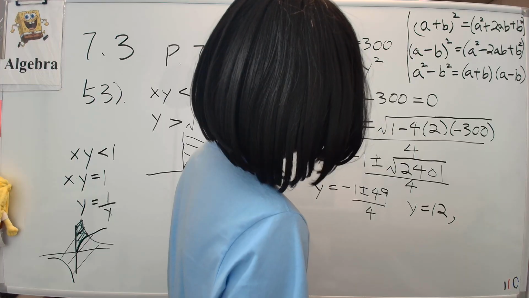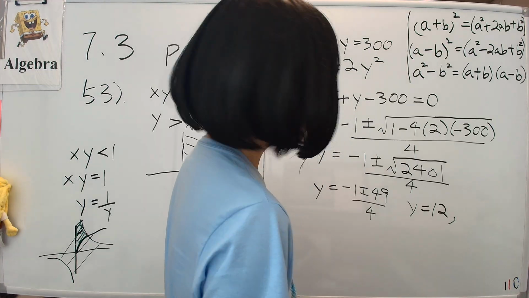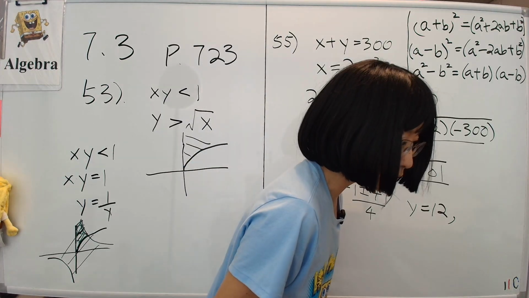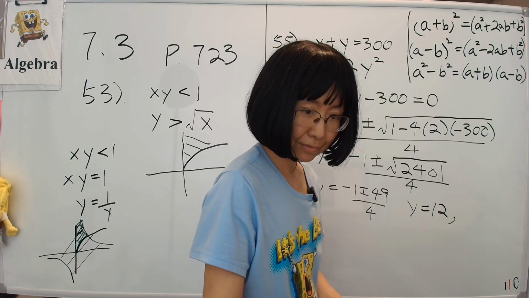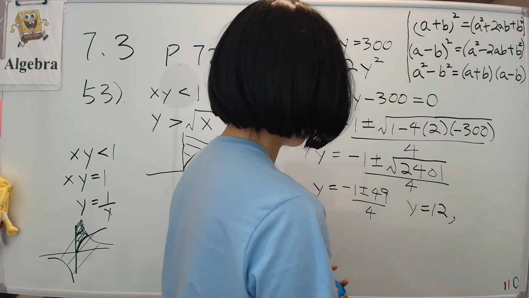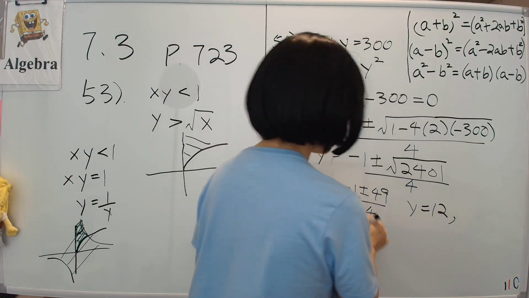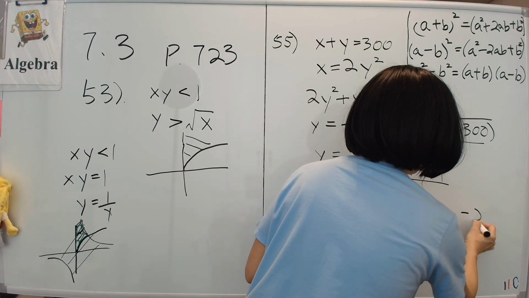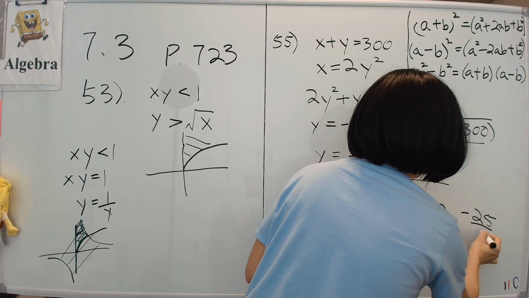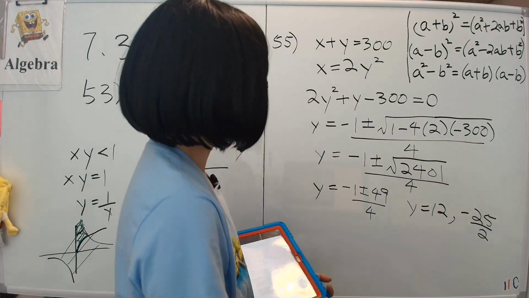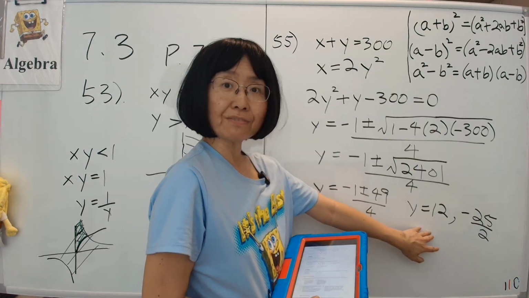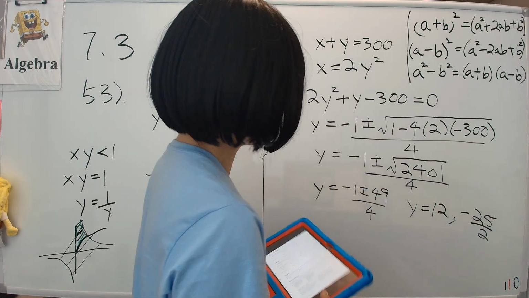Are we thinking about only positive numbers? It doesn't really say that, does it? Let me think. Well, we'll write it down anyway, okay? So that would be minus 50 over 4, or say minus 25 over 2. So that would be the other number. Of course, the 12 is our favorite, because who wants to deal with whatever that is?